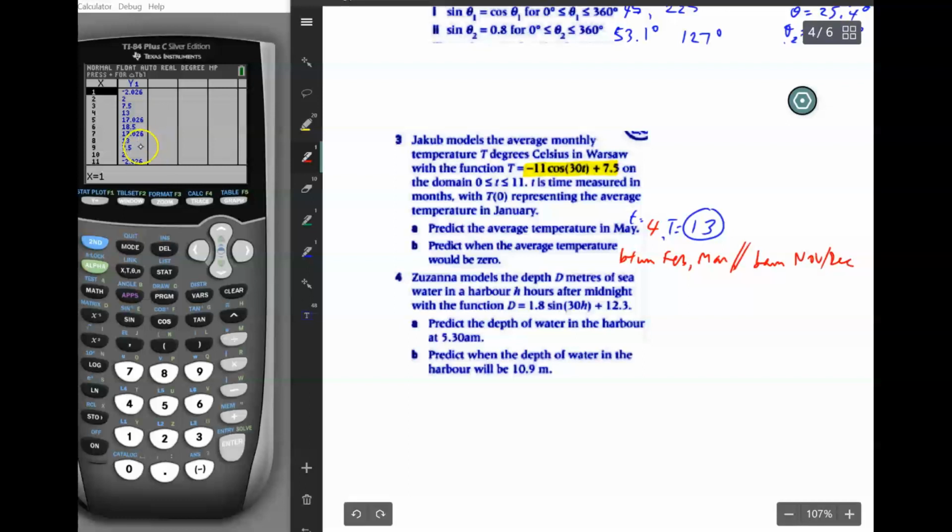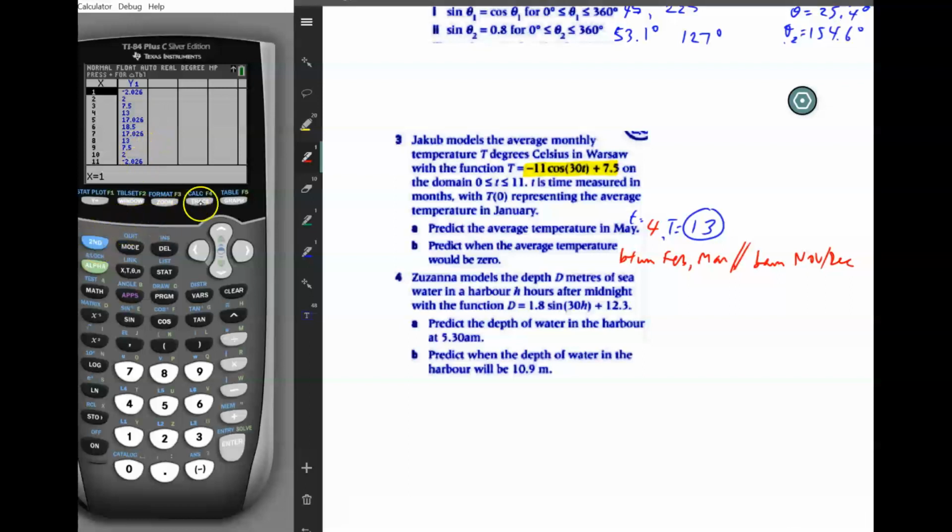And you can find the exact point by doing second calc intersect. So we'll do second calc, or actually not intersect, second calc 0, because we want to know when the temperature is 0.